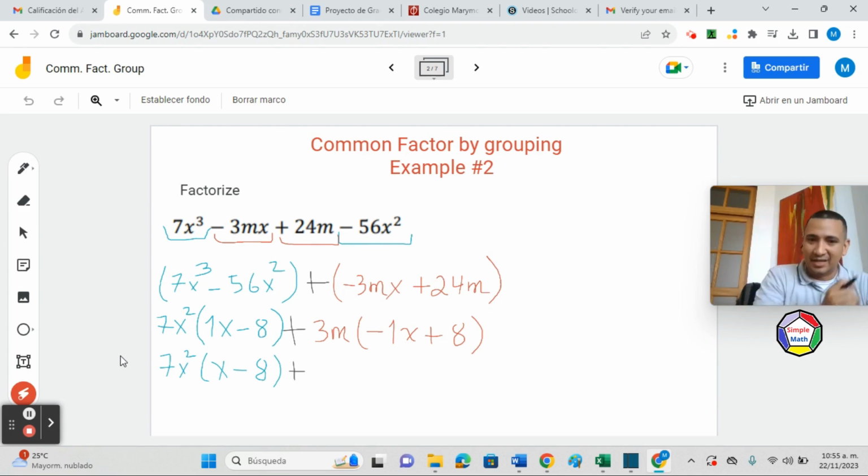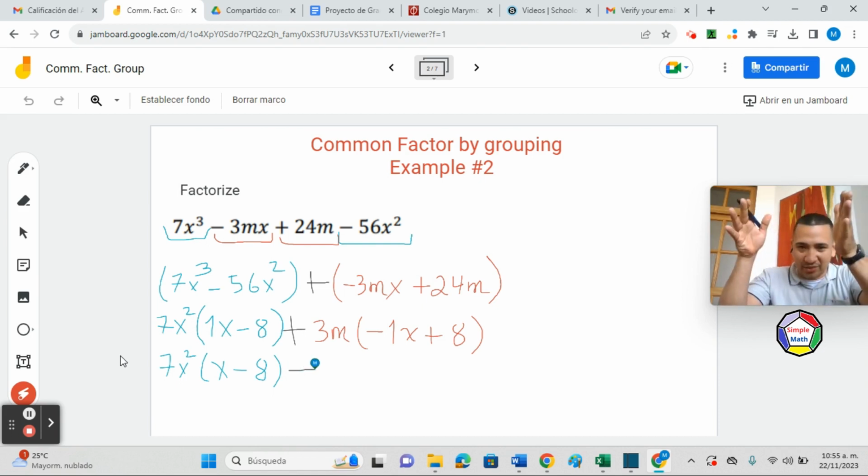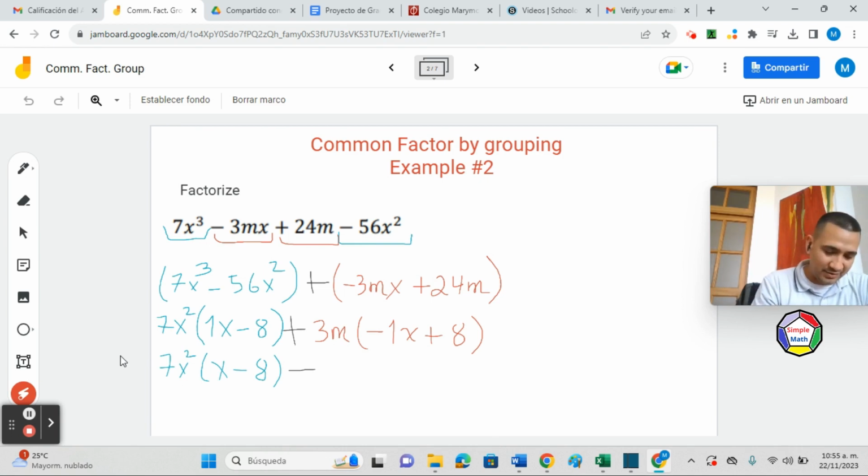So I have to change the sign that is outside as well. So it's not positive anymore. So it's going to be negative. Because I will do the changes in the red parentheses. Okay. So in the red parentheses, this is minus 3m.